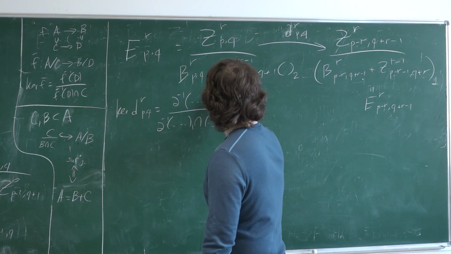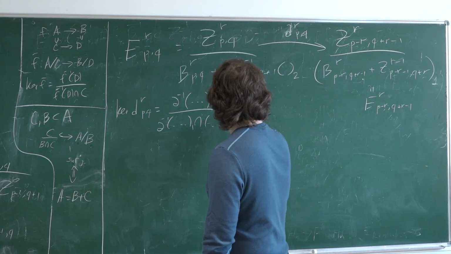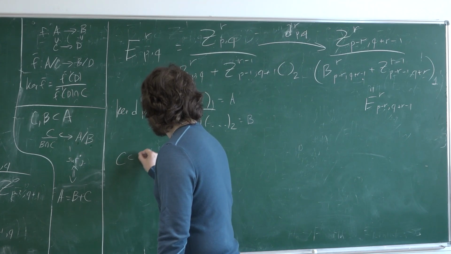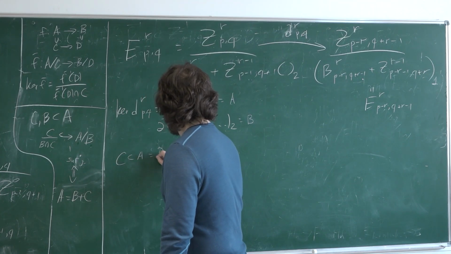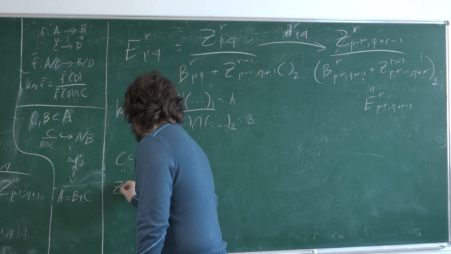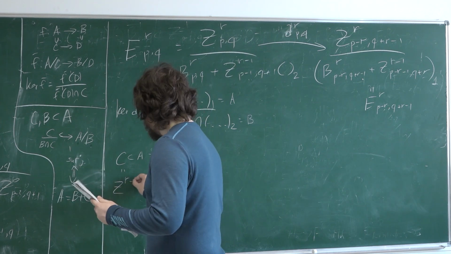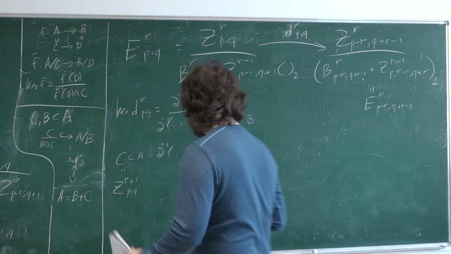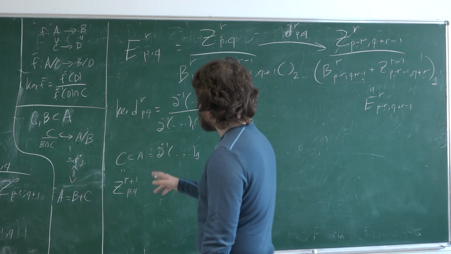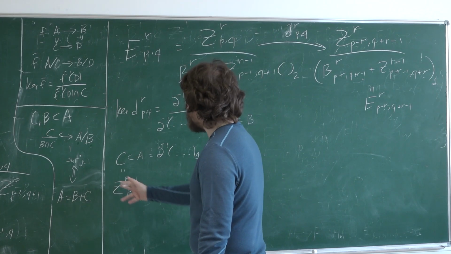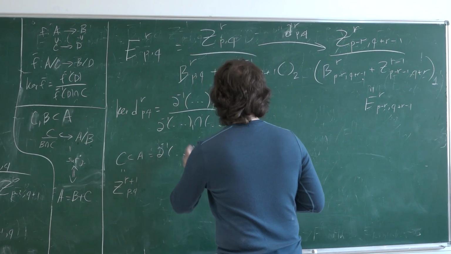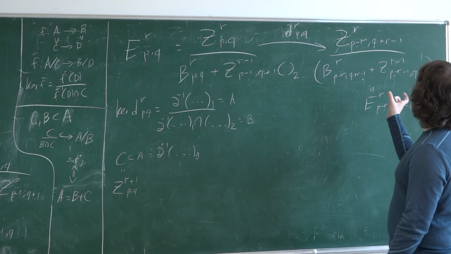This is A. This is B. I want to consider another C in A. C in A is my preimage of my first bracket, and C is in fact Z R plus 1 PQ. The first one, this submodule. This is a submodule of A. So the image of this Z under D lies in this one.